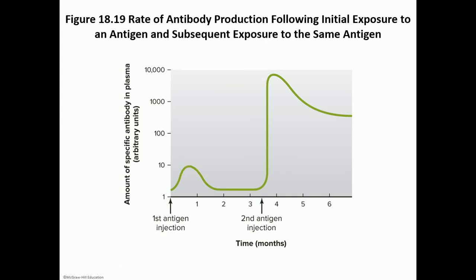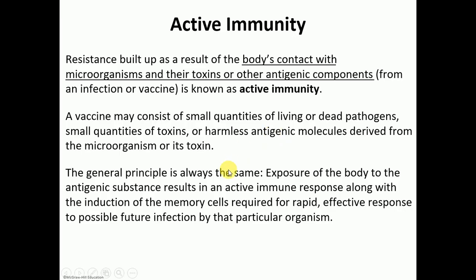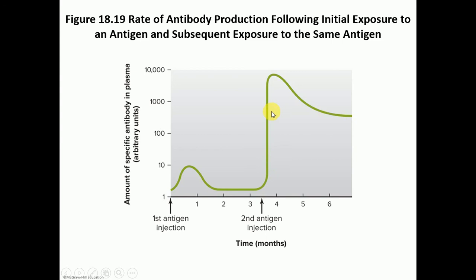In the process of the primary immune response, you made memory B cells. So let's say 10, 15, 30 years later, you are exposed to the measles virus for real now, and not in a shot. Your memory B cells that you made as a kid are going to identify the measles antigen right away.